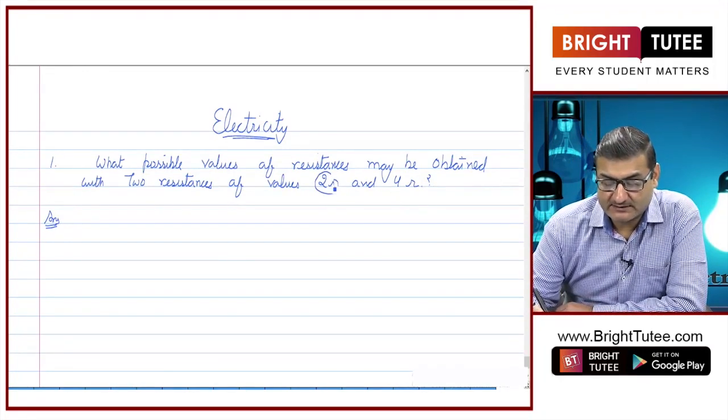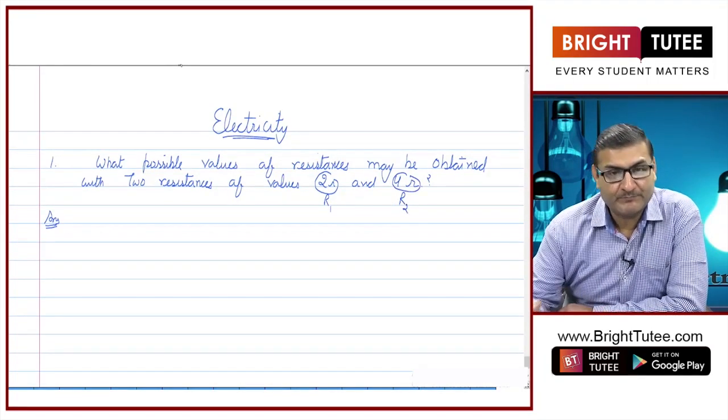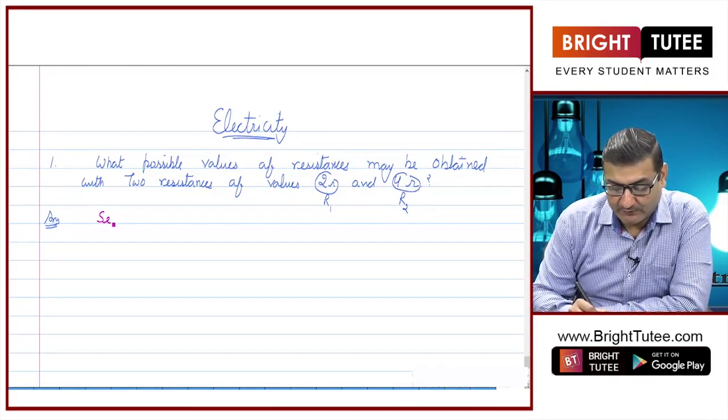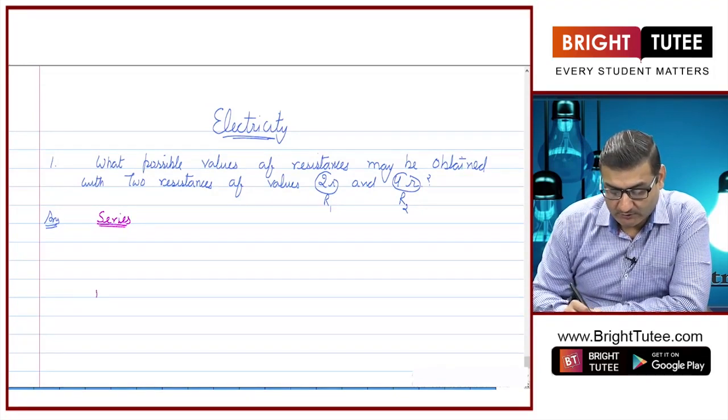Let this first resistance be R1 of 2 ohms and the second resistance be R2 of 4 ohms, right. So, now we have got two options. First option is we can connect them in series or we can also connect them in parallel.